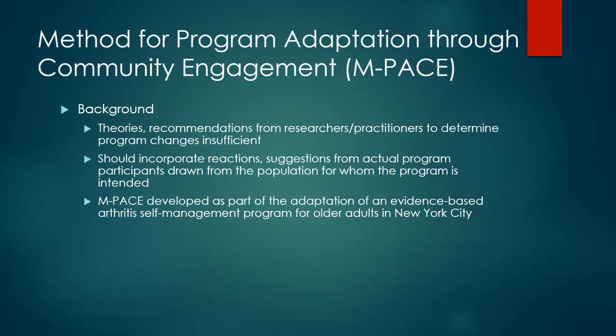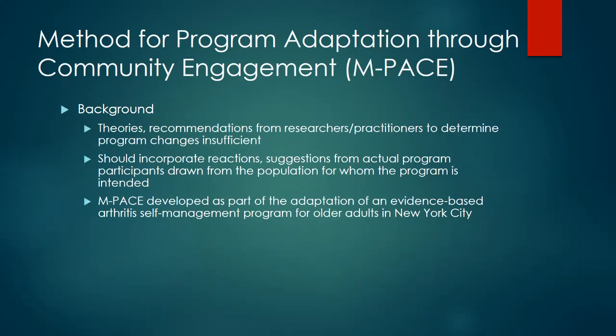There are models out there to guide adaptation. One of them is the Method for Program Adaptation through Community Engagement, or the MPACE model. And the idea here is really centered around this issue that we just mentioned, that it can be difficult to identify core and adaptable components of interventions.